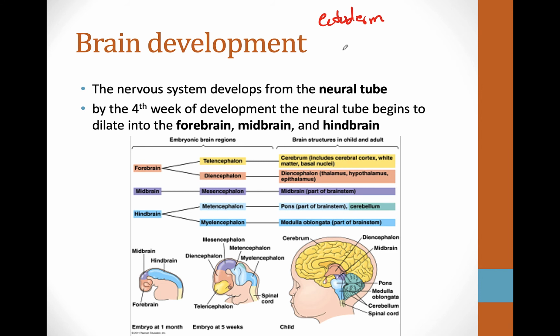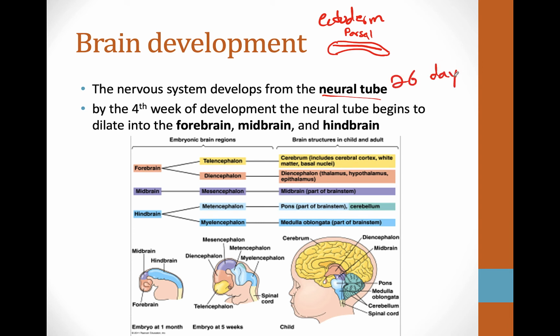If this is the embryo, the dorsal is the top, and the neural plate forms along the dorsal midline. The neural plate zips closed like a zipper and creates what's called a neural tube.